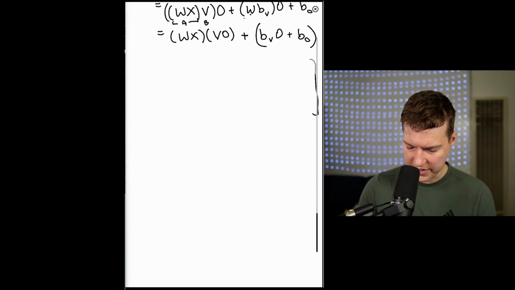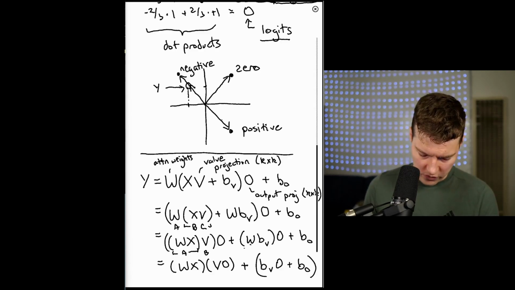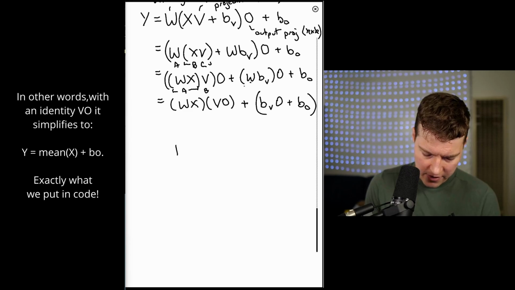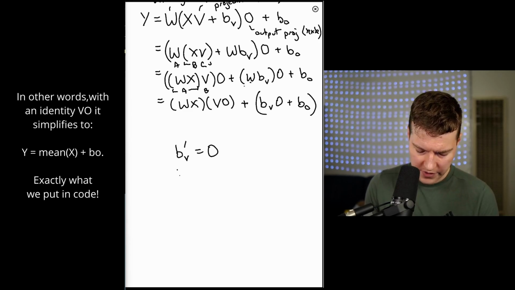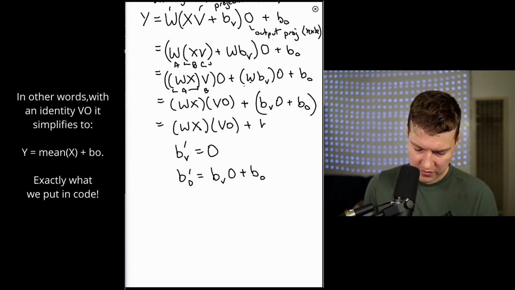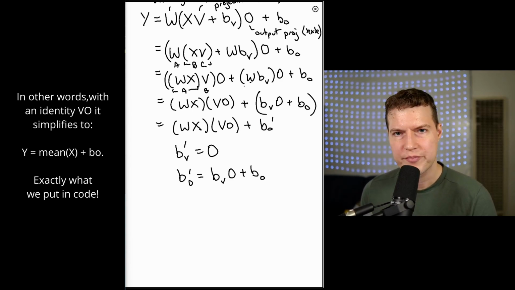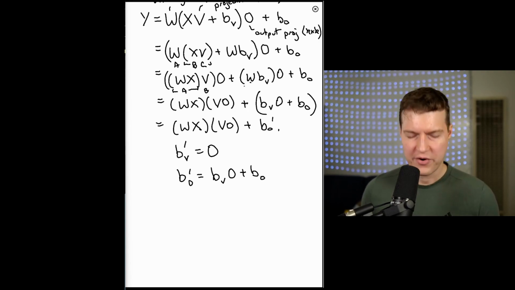And because that sum is just a constant, think about this, right? Now we can just say, let's make this B prime V equal to 0, and we'll make BO prime equal to this quantity here. And we can rewrite this as WX VO plus BO prime. And that's the output of attention. This is Y. Pretty crazy, right?